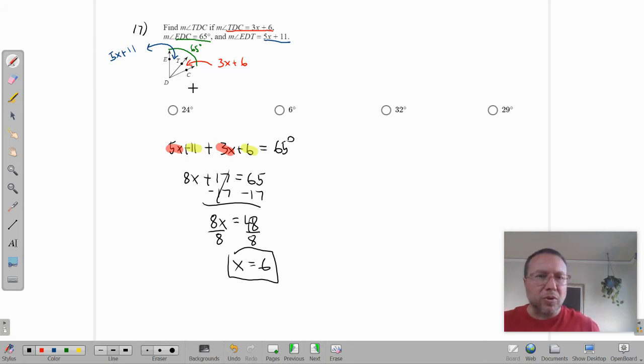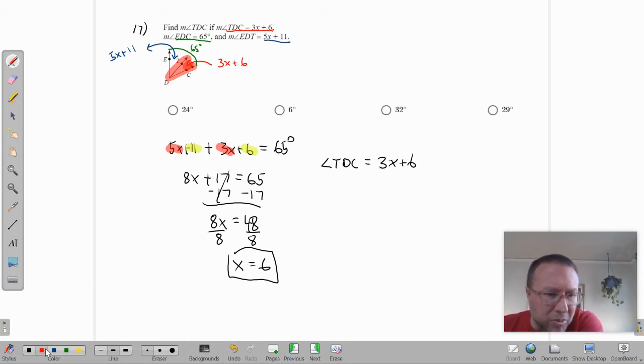But what are we even looking for? We're looking for TDC, right? So TDC, actually, let me use red. TDC is this angle right here. So TDC is 3x plus 6. So angle TDC is equal to 3x plus 6.